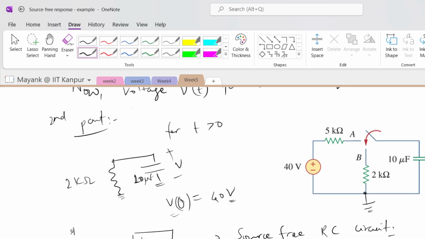V of t, the voltage here, will be V0 times exponential of minus t over RC, right? You remember this. This is the response of a first order source free RC circuit, which is excited due to the initial condition on the capacitor.